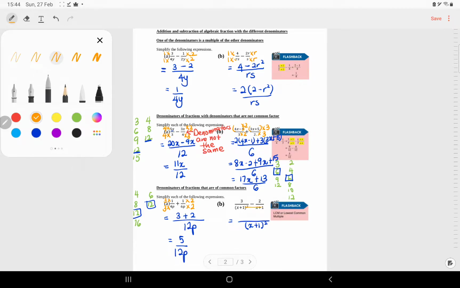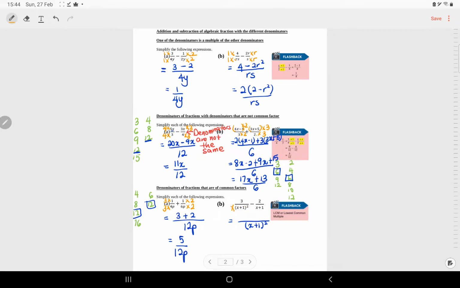In our first term here, the denominator is already (x plus 1) squared. So you're just multiplying it by 1. If you want to miss this step, that's also fine, but I just want to show you that you are technically multiplying it by 1. Here we have x plus 1. How do I make it become a common denominator of (x plus 1) squared?